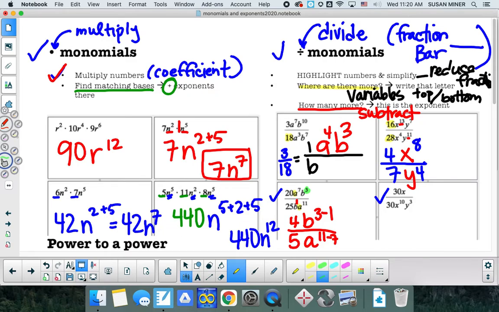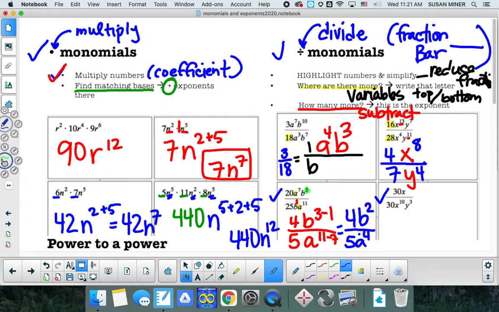There is just one B there, right? And so my exponent is going to be 1 because that's all the B's that I'm multiplying on the bottom. Okay, so now I have that set up. I can simplify again. This is going to be 4b squared over 5a to the 4th.